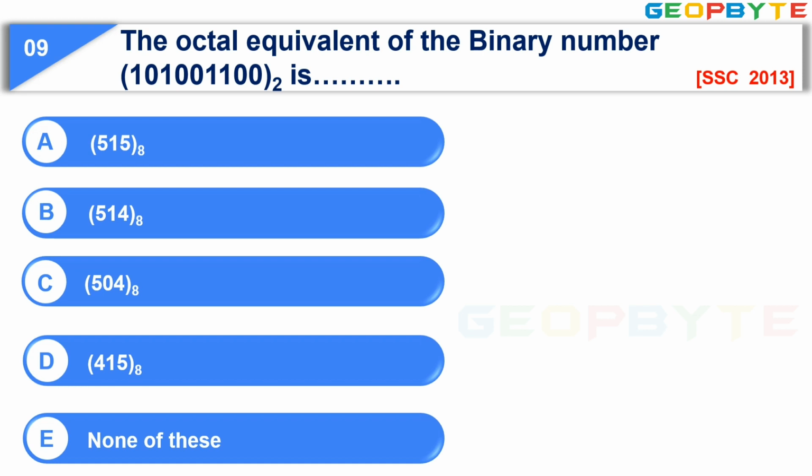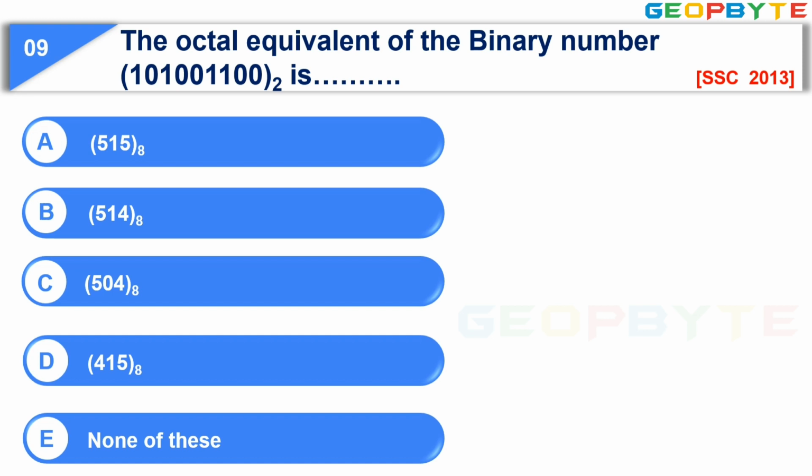So the given binary number is 1010011100. It is in binary, that means base 2. Now we need to find the octal equivalent of the binary number. Octal means base is 8.